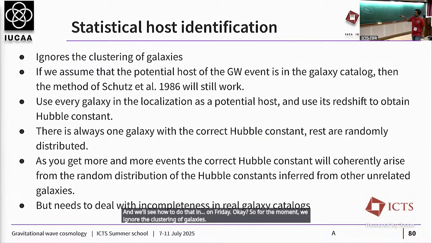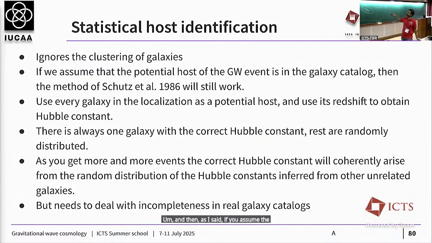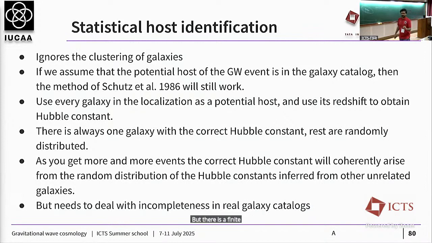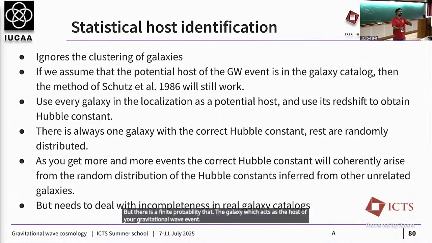And then, as I said, if you assume the potential host of the GW event is in the galaxy catalog, then the method of Schutz et al. will work. It's not a problem. But there is a finite probability that the galaxy which acts as the host of your gravitational wave event is not in your galaxy catalog.